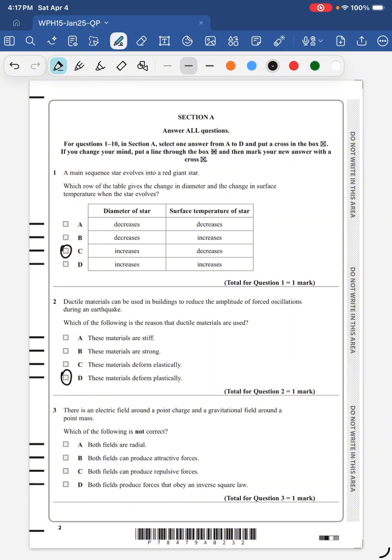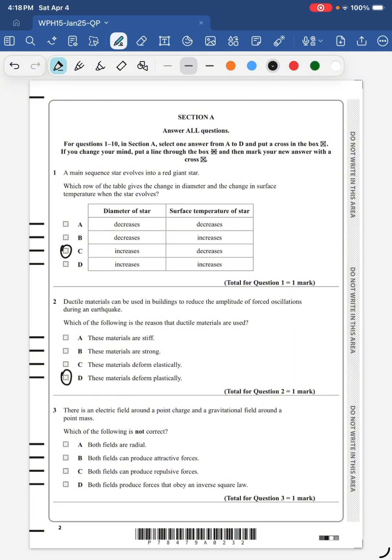Right. Okay, question 3. There is an electric field around a point charge and a gravitational field around a point mass. Which of the following is not correct? Both fields are radial, they are. Both fields can produce attractive forces, they can. Gravitational forces are only attractive for that matter.